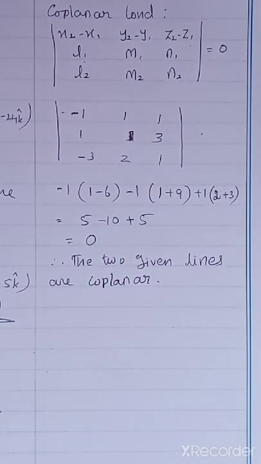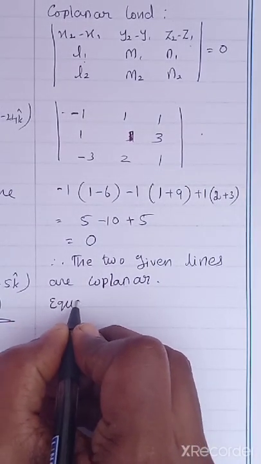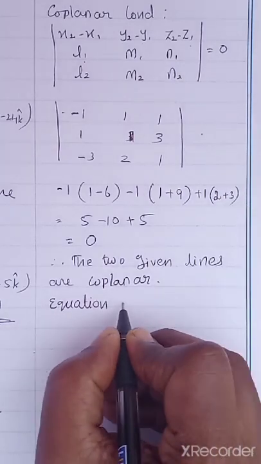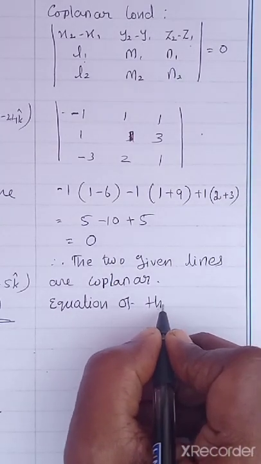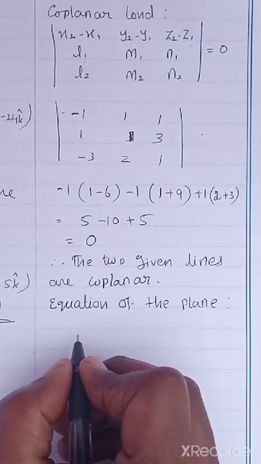Next, what we have to find out is the Cartesian equation, right? So the question asks for the equation of a plane in which they lie. So what is your equation of plane formula?